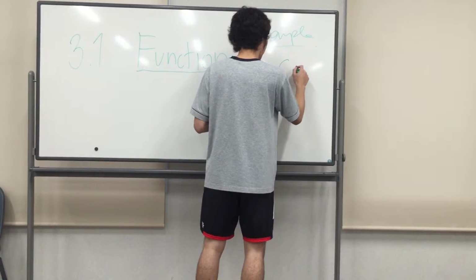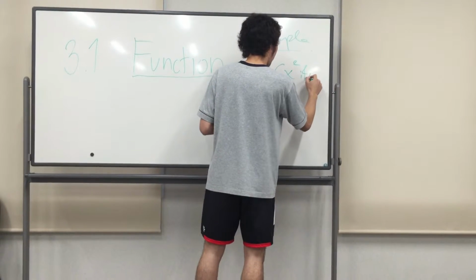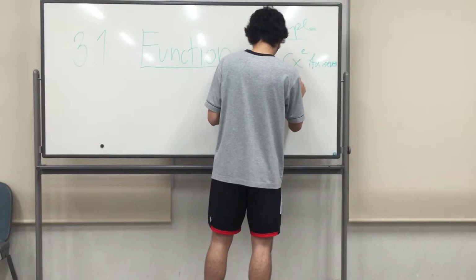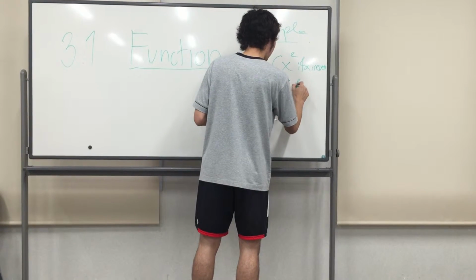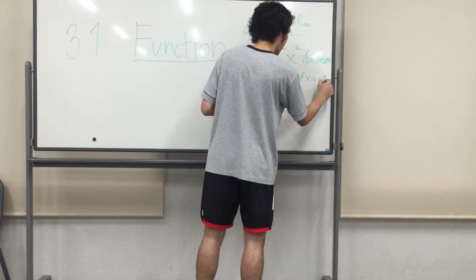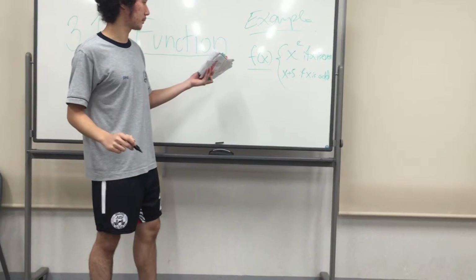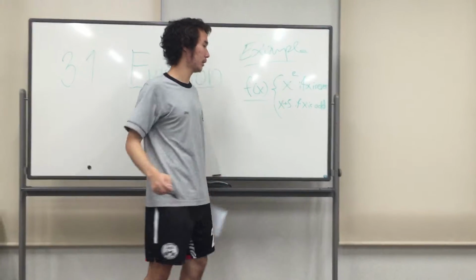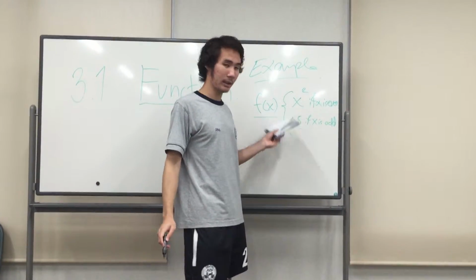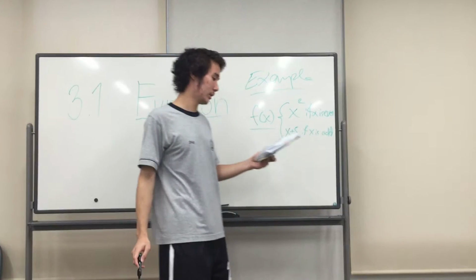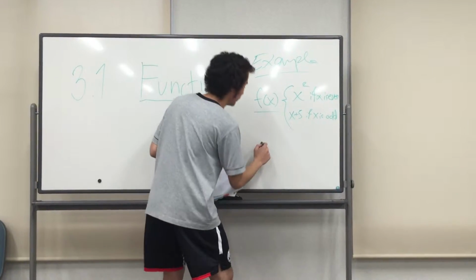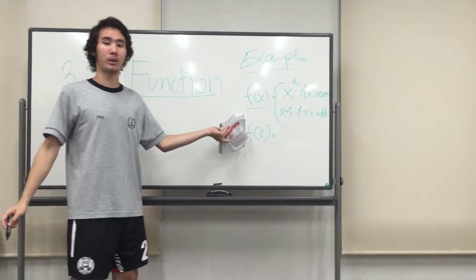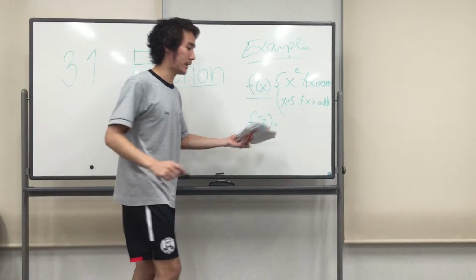A sample function is this. As you can see, function f(x) is x squared if x is even, and x plus 5 if x is odd. So let's see. If I have 2 as an input of this function, we need to find an output.